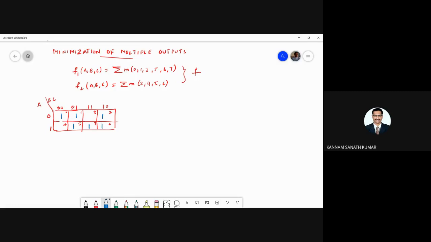This makes one pair, this makes one pair, and this makes one pair. Columns are A bar, A, B bar C bar, B bar C, BC, BC bar.